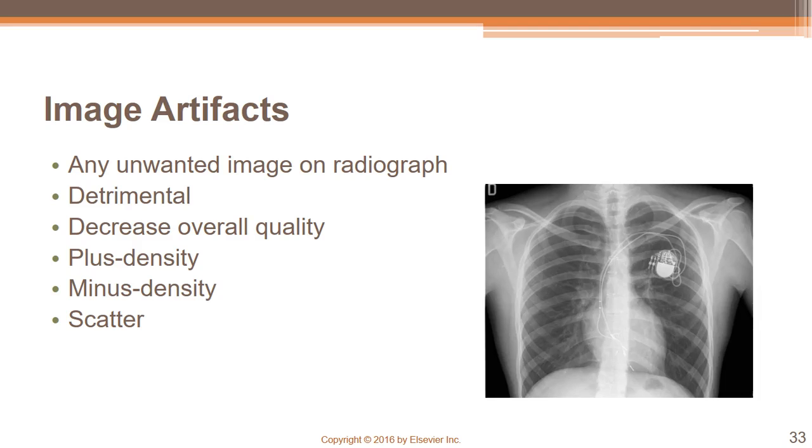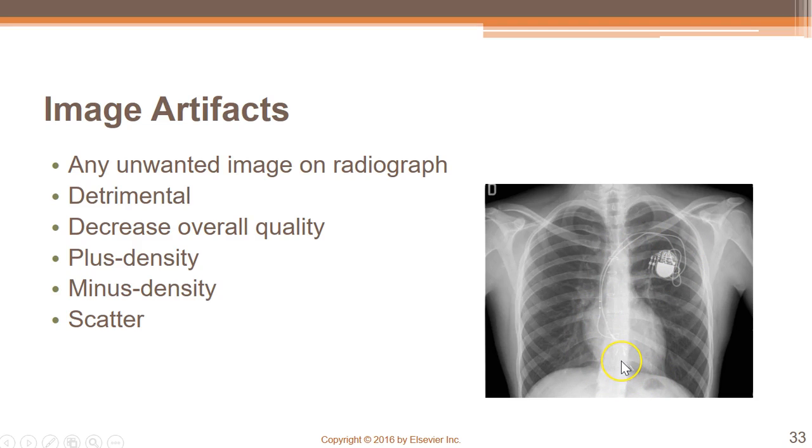Now, here's an image that you need to understand. This is an artifact on that image, but guess what? That's not an artifact that you can change because this is actually a pacemaker. So the first time that you get a chest x-ray and you see this, it's not like you can ask that patient to take it off. This is actually inserted under the skin in that person's chest. This is the control, and then these wires are actually going to the heart.